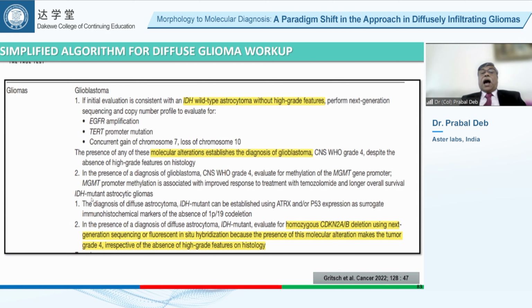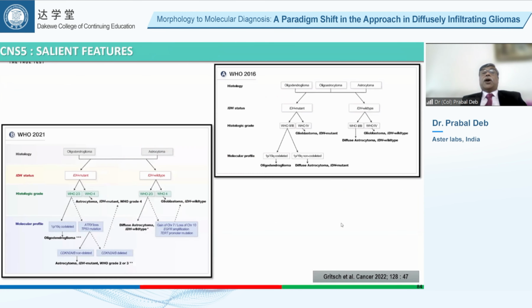In case of IDH mutant astrocytic gliomas, the diagnosis can be established using ATRX and P53 expression as surrogate IHC markers in the absence of 1p19q availability. But CDKN2A deletion has to be done, because the presence of this molecular alteration makes the tumor grade 4.